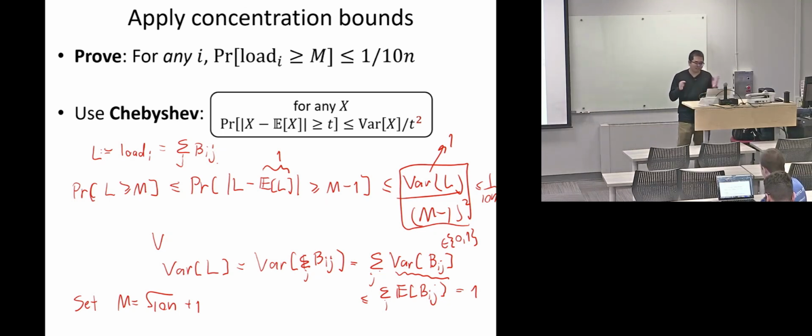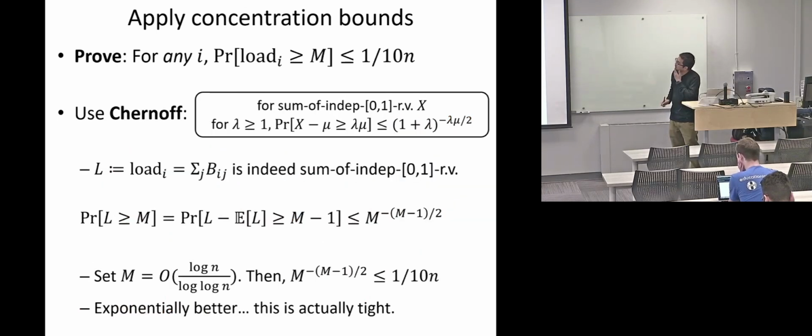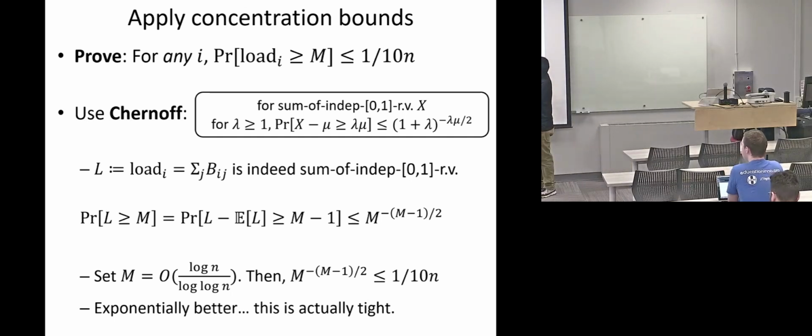This is kind of non-trivial, but still far from being tight actually. Let's try to use something else, like a Chernoff bound. The Chernoff bound says this: for a sum of independent 0, 1 random variables x, you can apply this. And indeed, if you look at the load I, it is a sum of 0, 1 independent random variables, the bij.